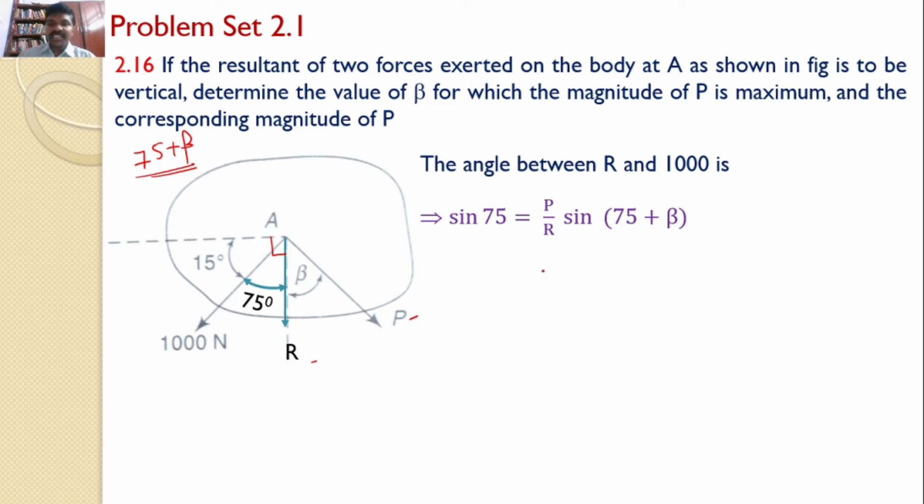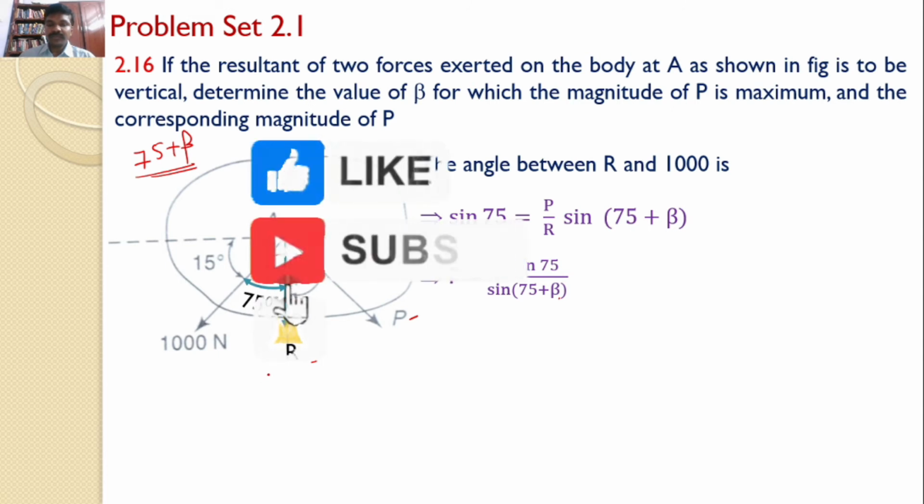You can rearrange this equation in such a way that P is equal to R into sin 75 by sin (75 plus beta). Our aim is to see that P should be maximum. What is the value of beta so that P should be maximum?